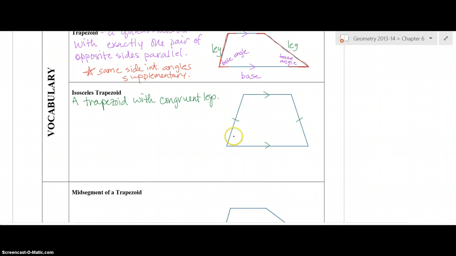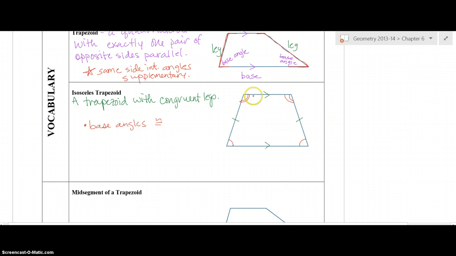Something special is that the base angles are congruent, just like in an isosceles triangle. So these base angles would be congruent, which would make these base angles congruent as well.